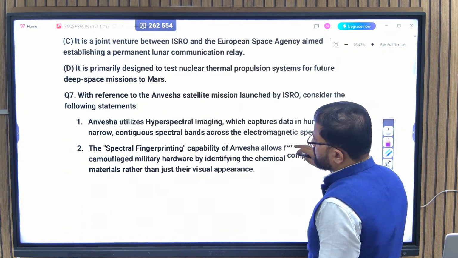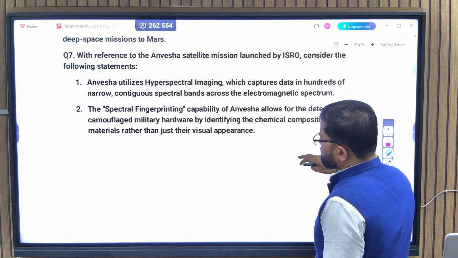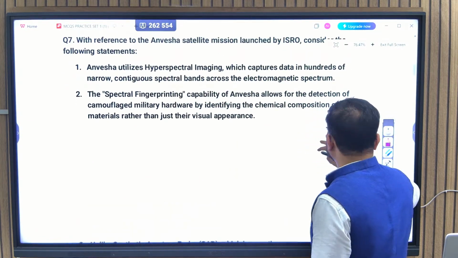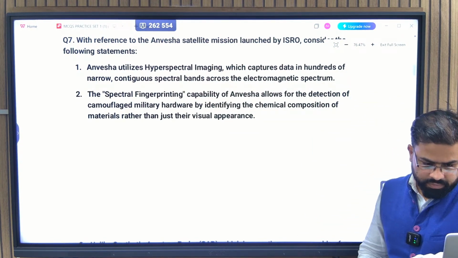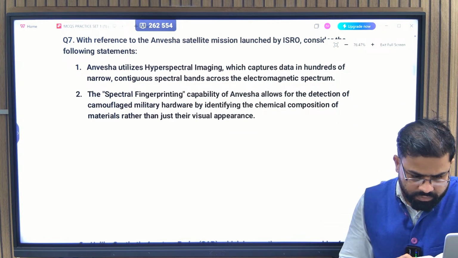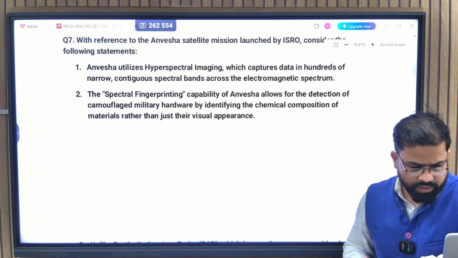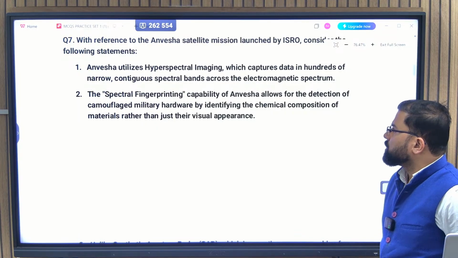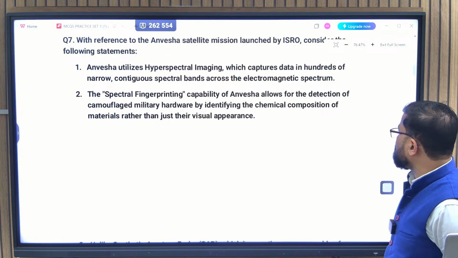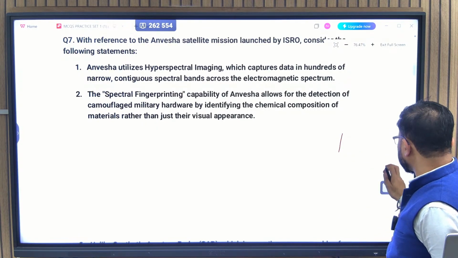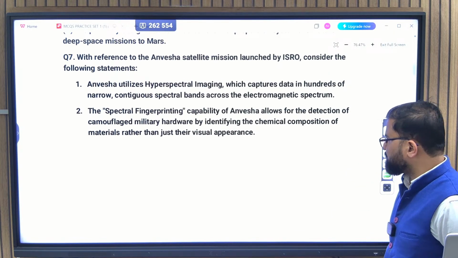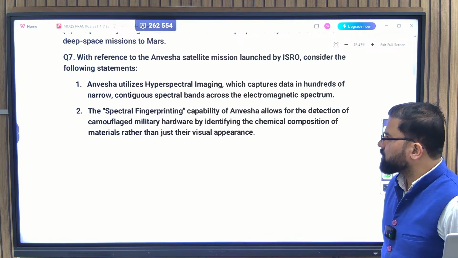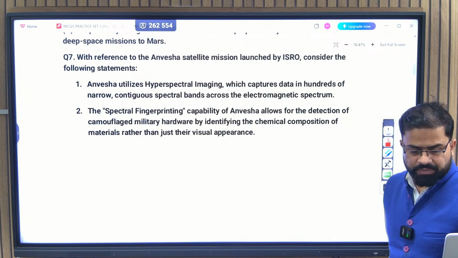Question number 7. Go through it. Again, with reference to the UNVASE satellite mission launched by ISRO, consider the following statements. First, UNVASE utilizes hyperspectral imaging, which captures data in hundreds of narrow, contiguous spectral bands across the electromagnetic spectrum.